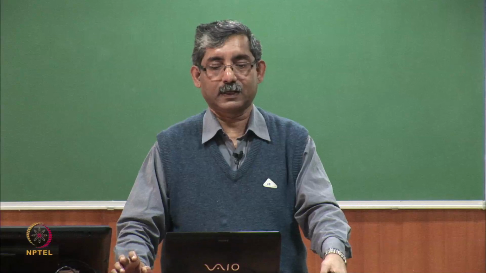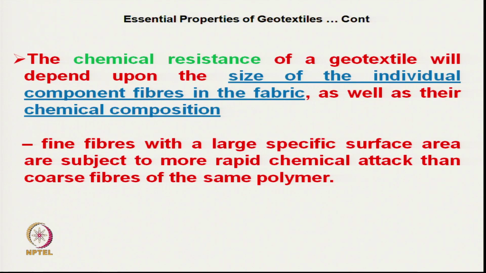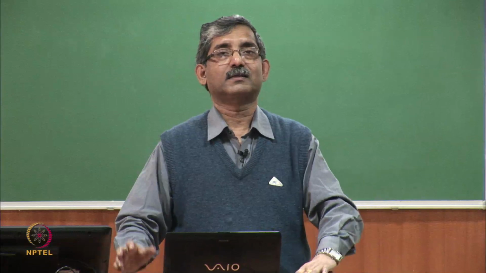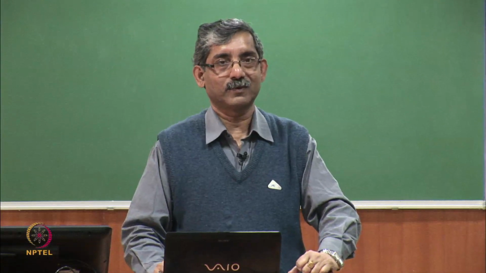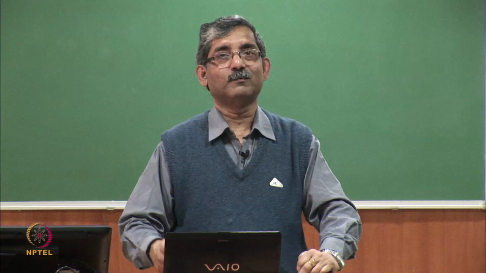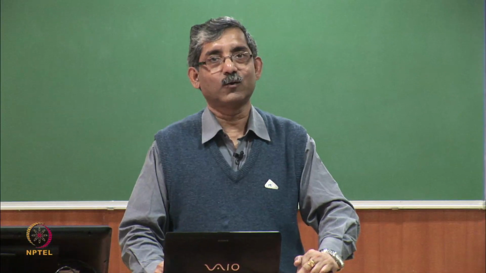The chemical resistance of geotextile will depend upon the size of the individual component fiber in the fabric as well as the chemical composition. Like polypropylene, as it is inert against most of the chemicals, it will not be degraded quickly.